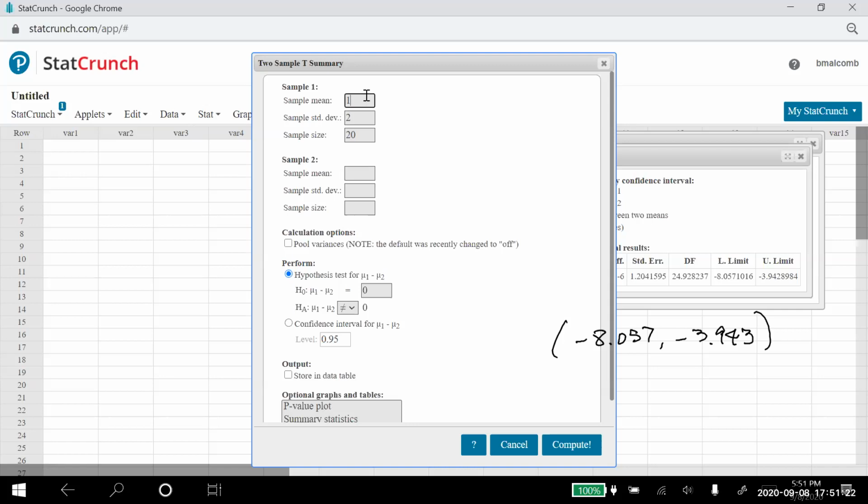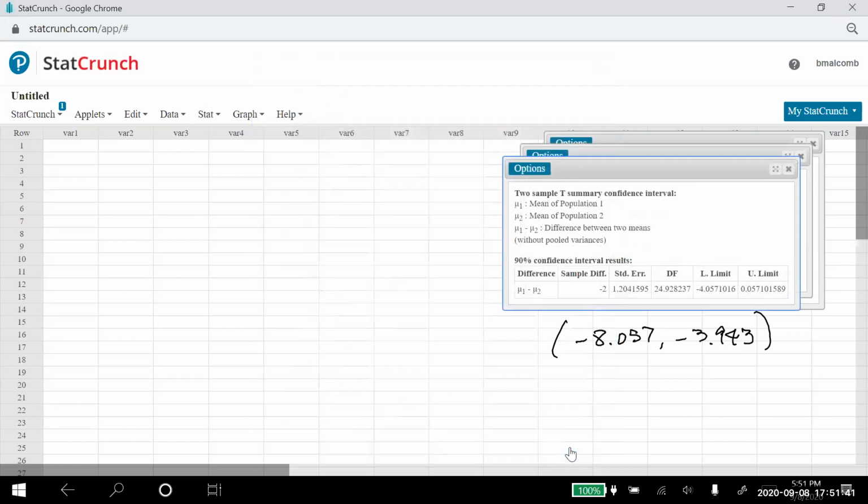What in the world am I doing? 14, 220, 16, 520. 90%. Now let's compute. Those numbers look a lot better than what I had before. So those make me feel much more confident.